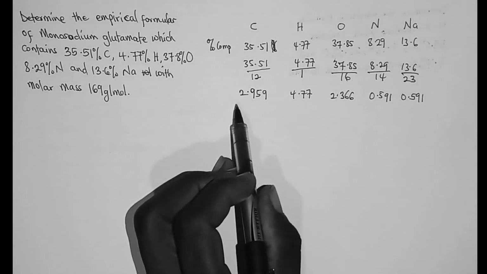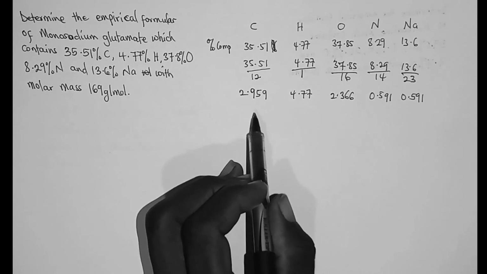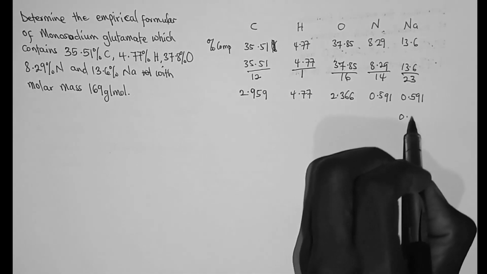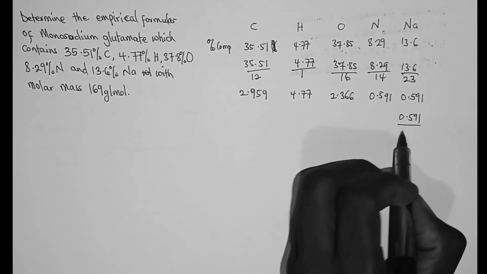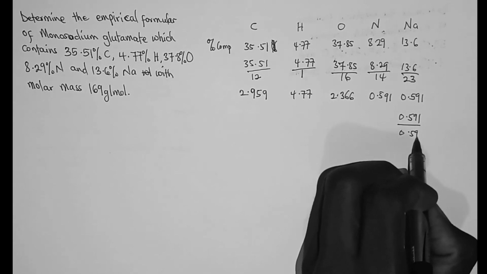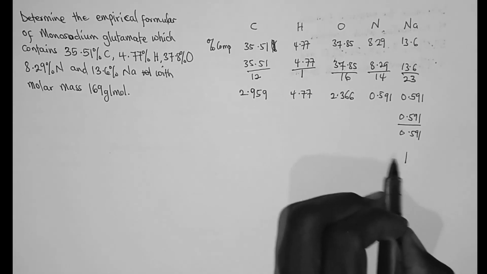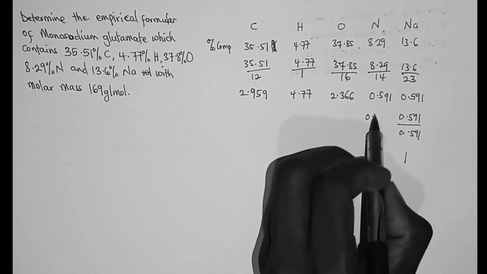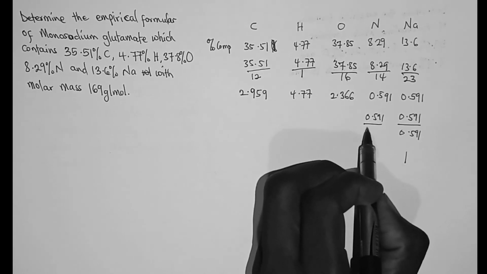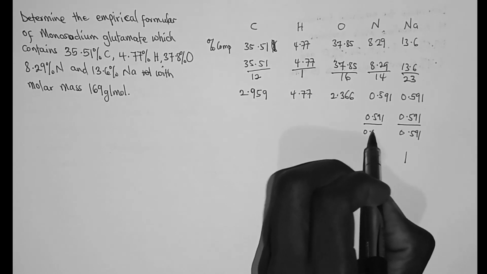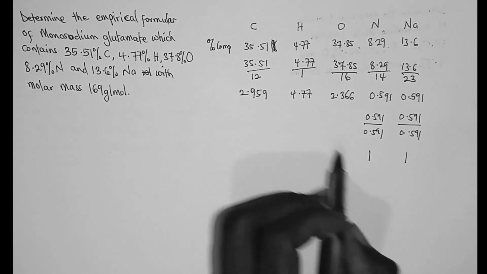So we divide through by 0.591. So here is 0.591 divided by 0.591, and that will give 1. Here is the same, 0.591 divided by 0.591. That is also 1.